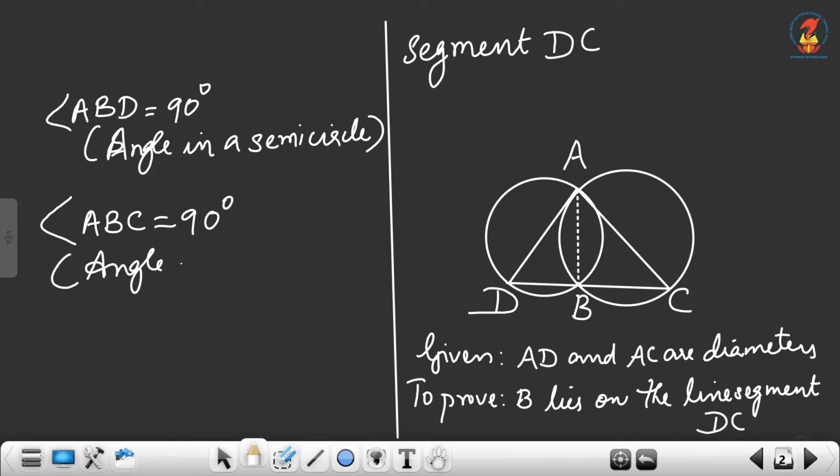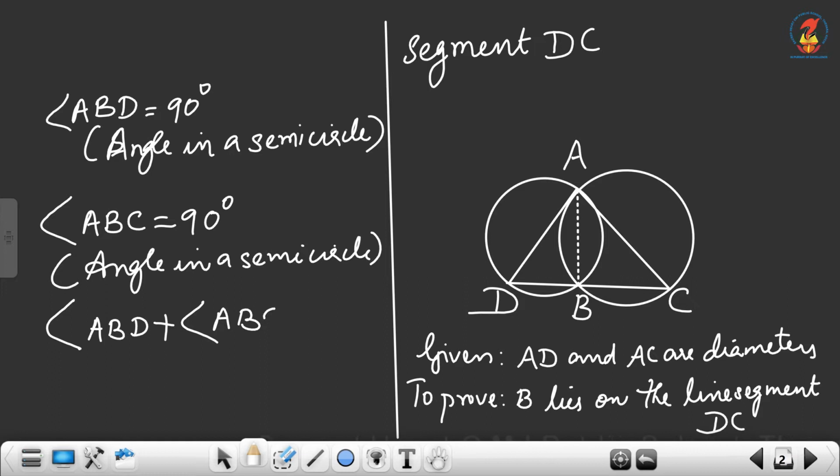Same reason, angle in a semicircle. So what about angle ABD plus angle ABC, which is equal to 90 plus 90, which is equal to 180 degree.